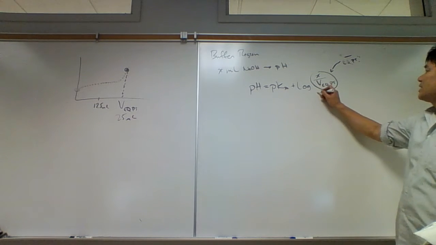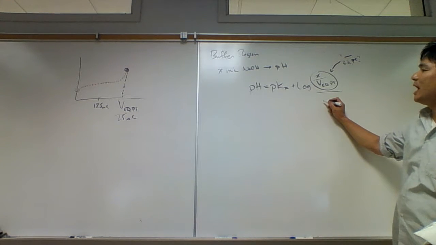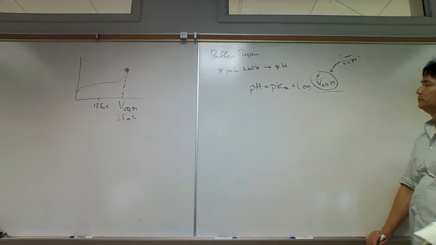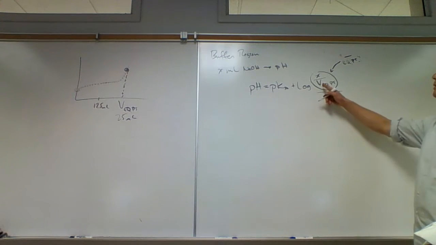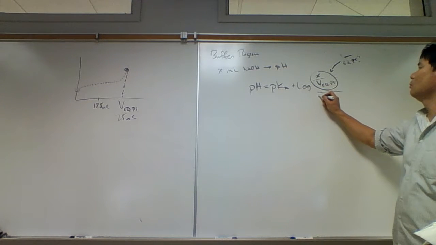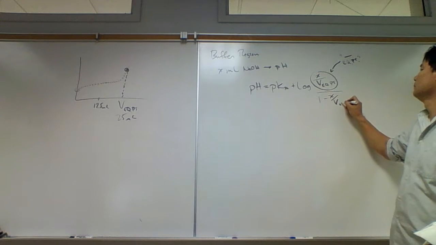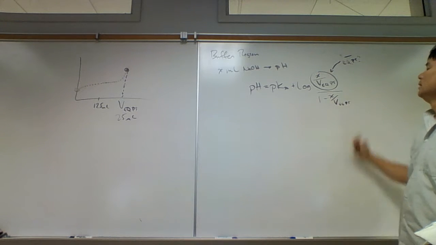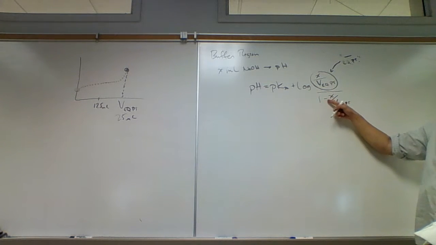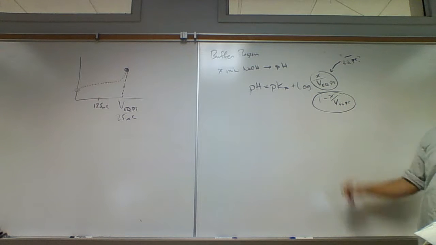That's the fraction of base that we're going to have. The fraction of acid that we're going to have is what's remaining. What would be remaining here would be 1 minus X over V. So if we neutralize half the acid, then 1 minus a half means that half the acid remains unreacted.